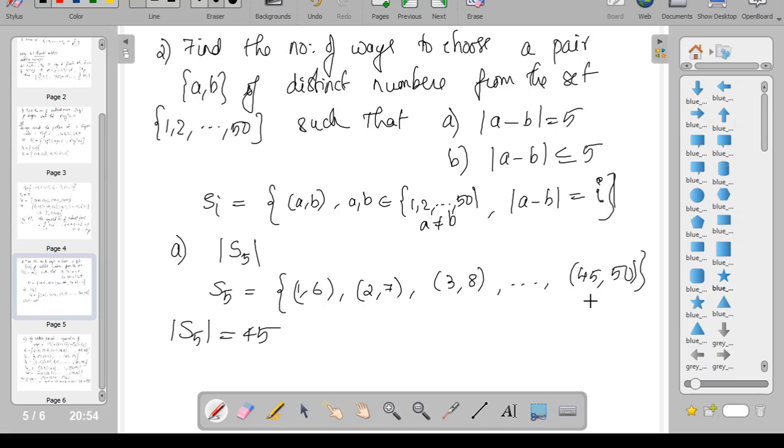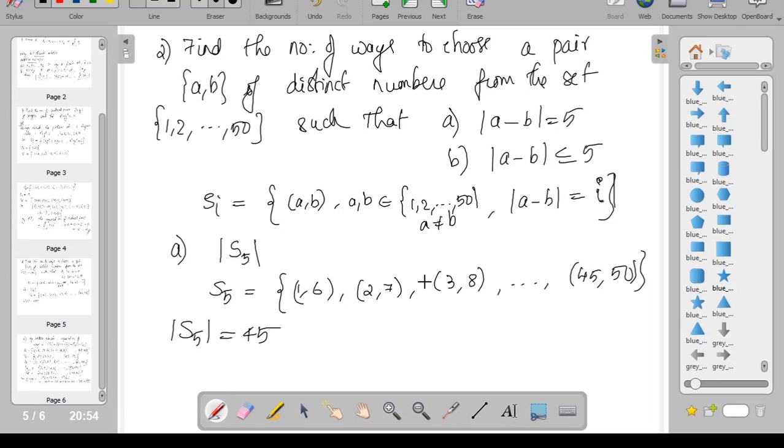Now we need to take a pair, so the order doesn't matter. If you write (a, b), it is the same as (b, a). So the order doesn't matter. You have to choose two numbers such that the difference is equal to 5. This gives us all the required points.